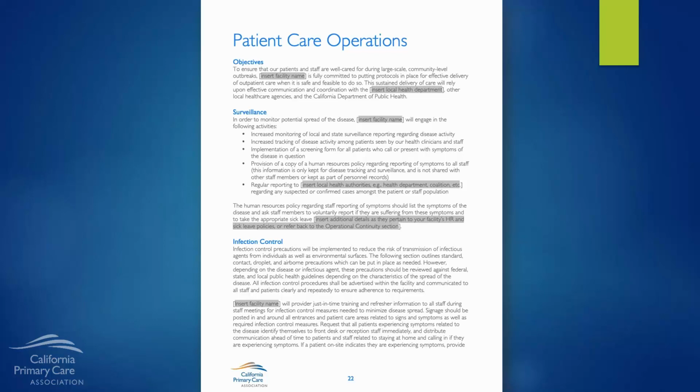Next, we move on to infection control. A lot of this is going to revolve around making sure that you have just-in-time training and refresher information for all of your staff. That can be in staff meetings, that can be in training, but you want to make sure all that training material is put down on paper in the plan or in the appendices so that you can pull it out whenever there is risk of a second wave, potentially, of coronavirus or any other future outbreak.